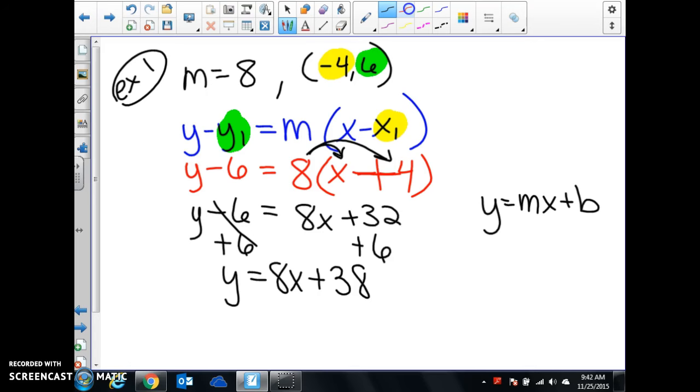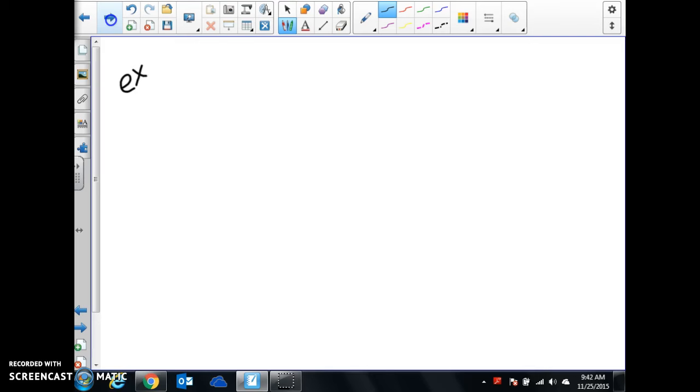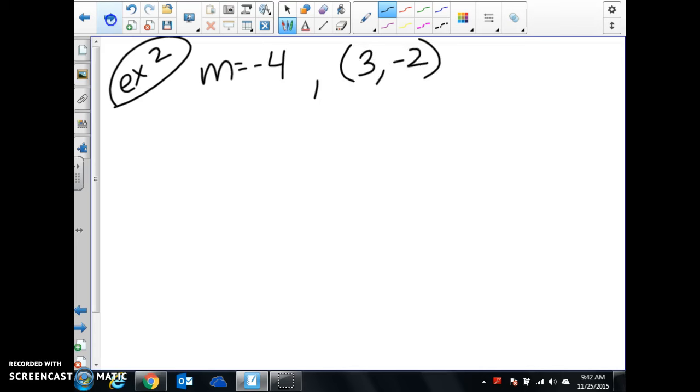Okay, here's the next one. If they give you a slope of -4 and the point 3, -2. Okay, so I start by writing my equation. y minus y1 equals m(x minus x1).